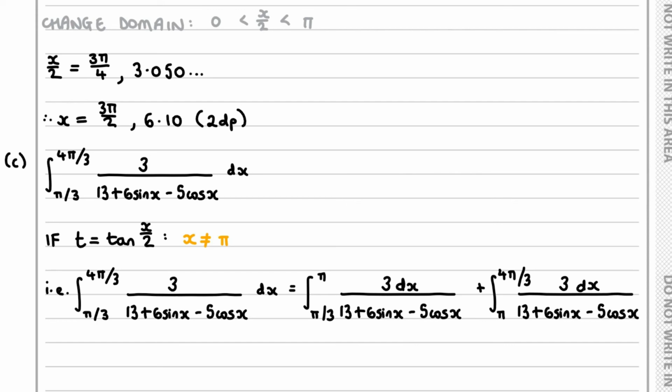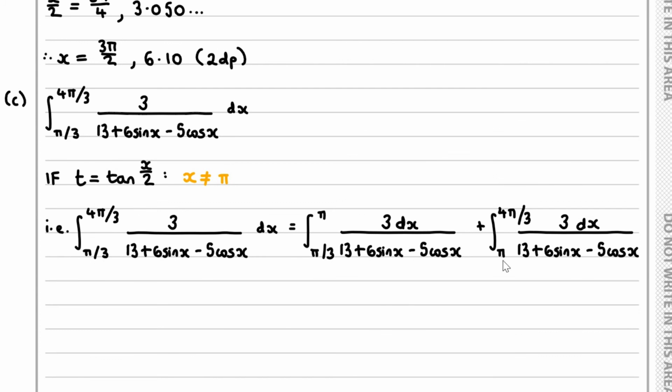Now, what we'll do is we'll redefine our limits in terms of t. So, if we do that, when x is equal to pi over 3, using what we have here, we have t equaling the tangent of pi over 3 over 2.